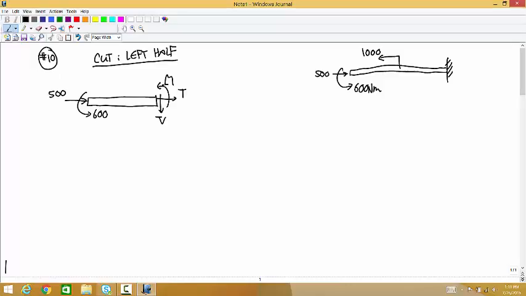There's no torsion in this problem, so I'll just leave it out. So Newton's second law says 500 plus T is equal to 0, and V is equal to 0. So T is equal to negative 500. V is equal to 0.